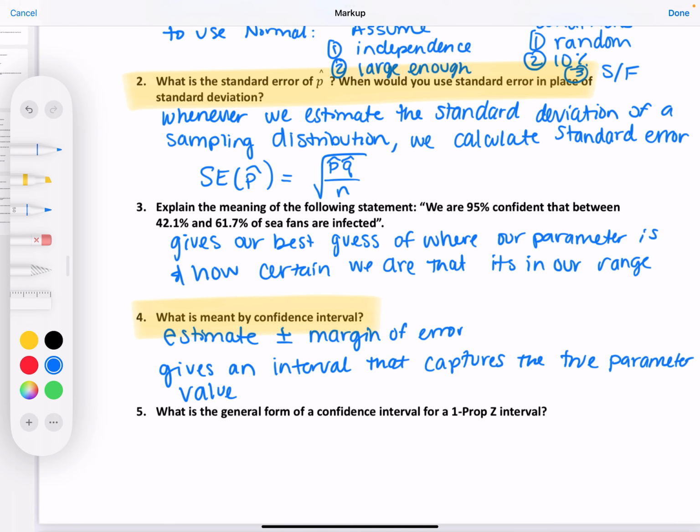What's the general form of a confidence interval for a one prop z interval? It's p hat plus or minus z star times the standard error of p hat.